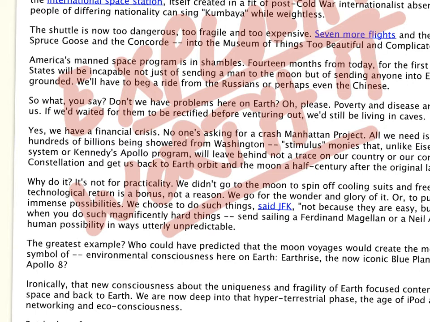And the second question is, is it worth it? Is it worth our time, effort, and money? And he just assumes that it is worth it, that what we've gotten before we'll get again. That may not necessarily be the case.